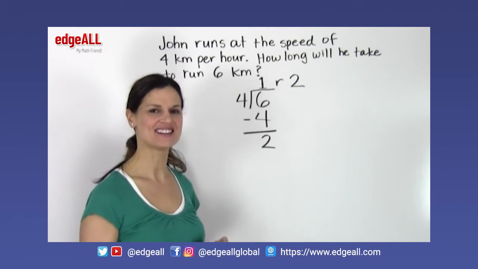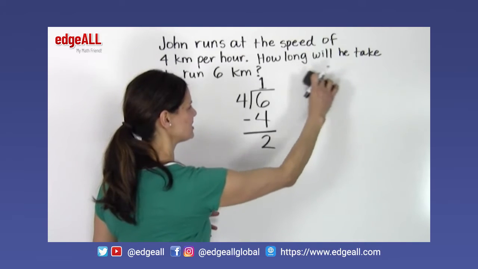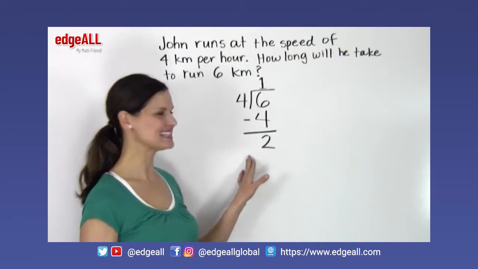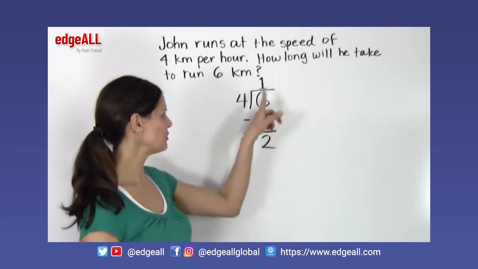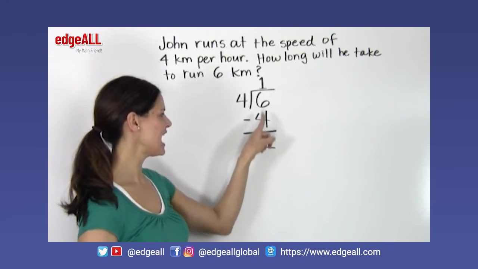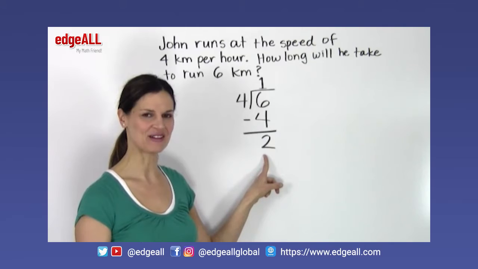Let's backtrack just a tiny bit, and I'm going to remove this R2 from our answer, and we're going to just go back a step to where we were when we did this calculation. 1 times 4 equals 4, and then 6 minus 4 equals 2, and stop here for a minute.